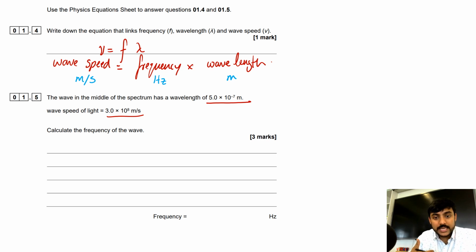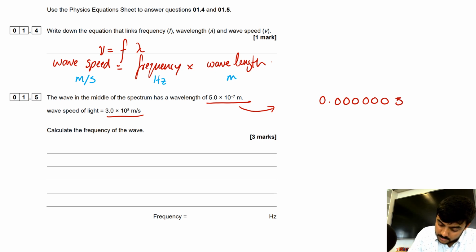Thankfully, I can use the same numbers without changing anything and put them into my calculator. If you don't know how to do that, the numbers that you would put in are now 0.0000005, which means the decimal point has moved 1, 2, 3, 4, 5, 6, 7 times.